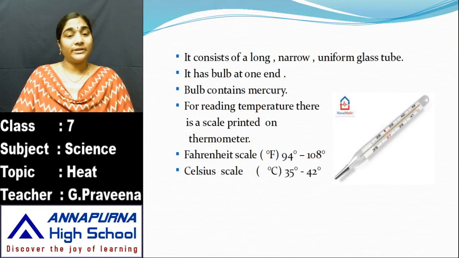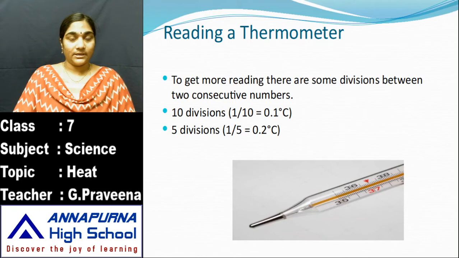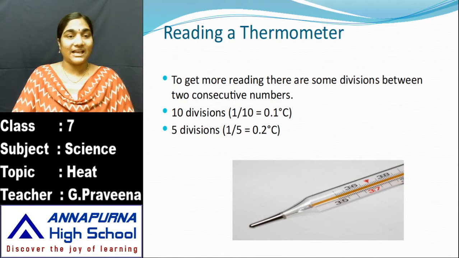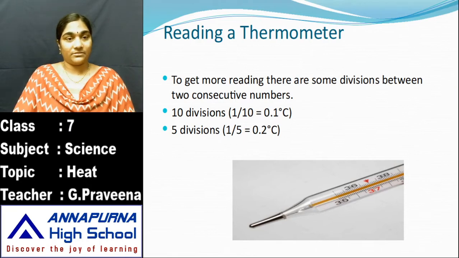So how can you read the temperature? In this picture you can see there are two readings. Imagine the division between the two numbers as one division, and you can find smaller lines within that one division.